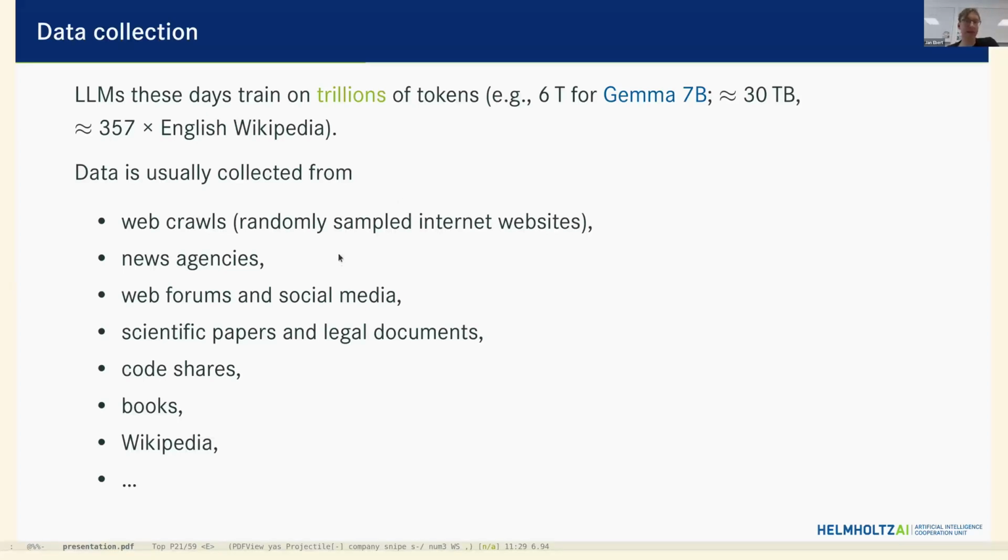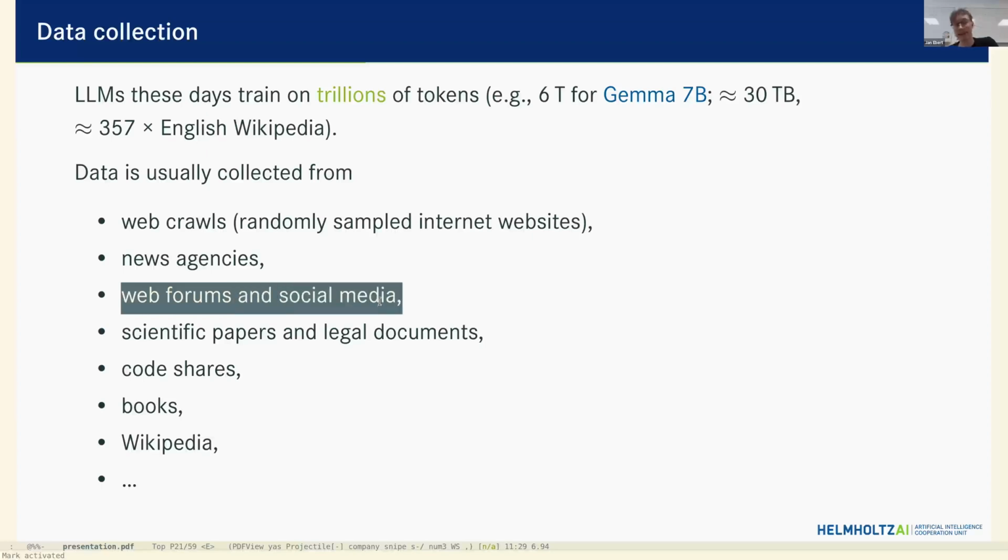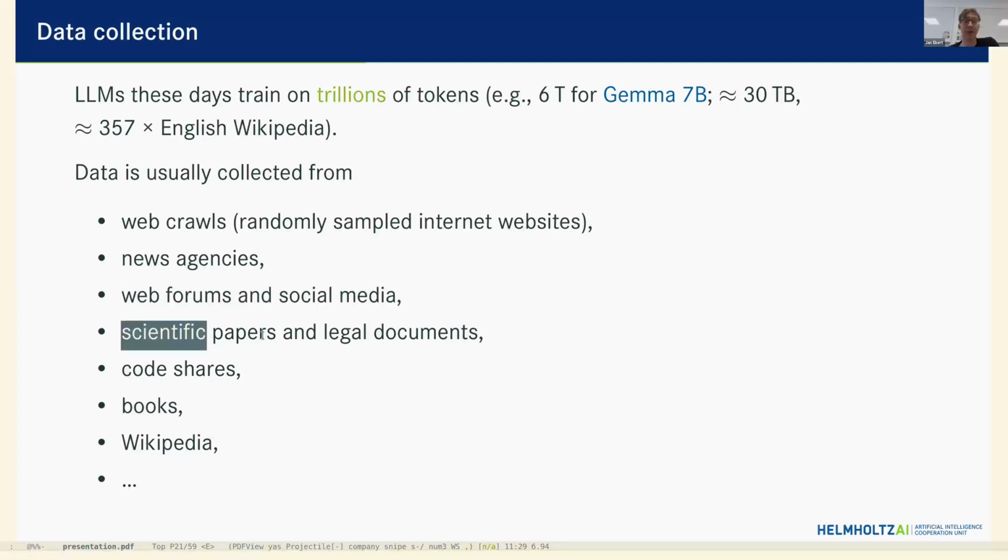Other sources of data are, for example, news articles, if the copyright allows it, or we can collect data from web forums and social media, again, assuming that people hopefully wrote useful stuff. Researchers often publish scientific papers in public repositories, so we can also use those for training.